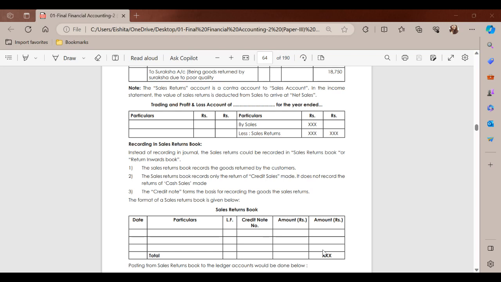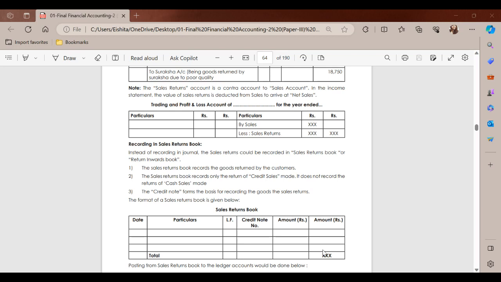Okay, so we are now in the sales return book. What is sales return? Suppose you order 500 quantities and you return 10 quantities of the 500 you have received. This will be entered by the sales accounts team in the sales return book. That means 500 minus 10 is equal to 490.